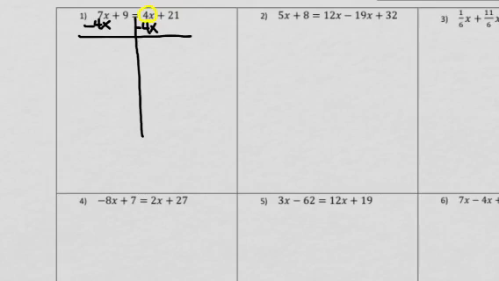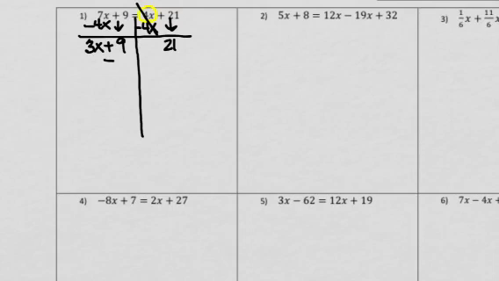So now I am ready to do 7x minus 4x, so that's 3x. That plus 9 drops down. The 4x take away 4x is 0, so I don't need to write that. And the plus 21 drops down to a positive 21.